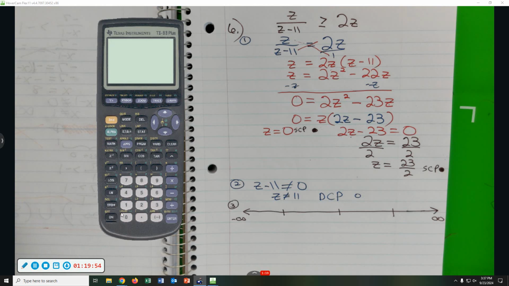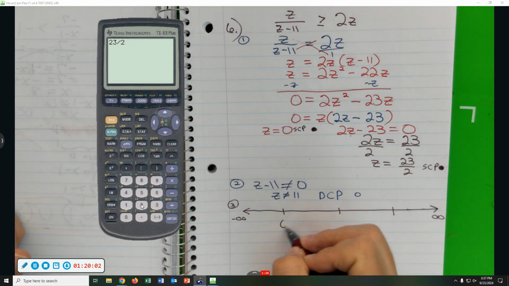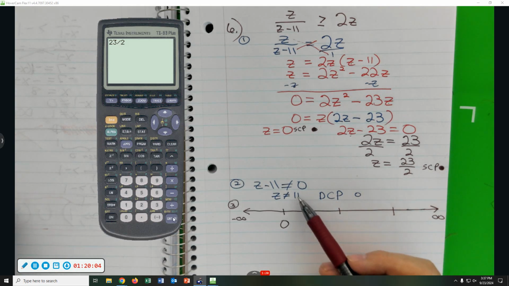Be careful. What's the smallest of the 3 cut points? Which one will go first? 0. Now what's next? Are we going to have 23 halves or 11?